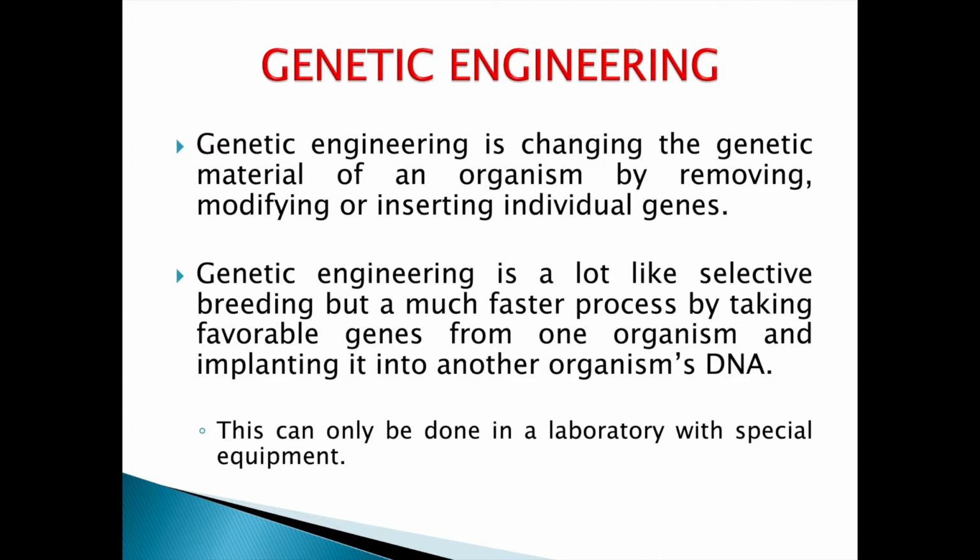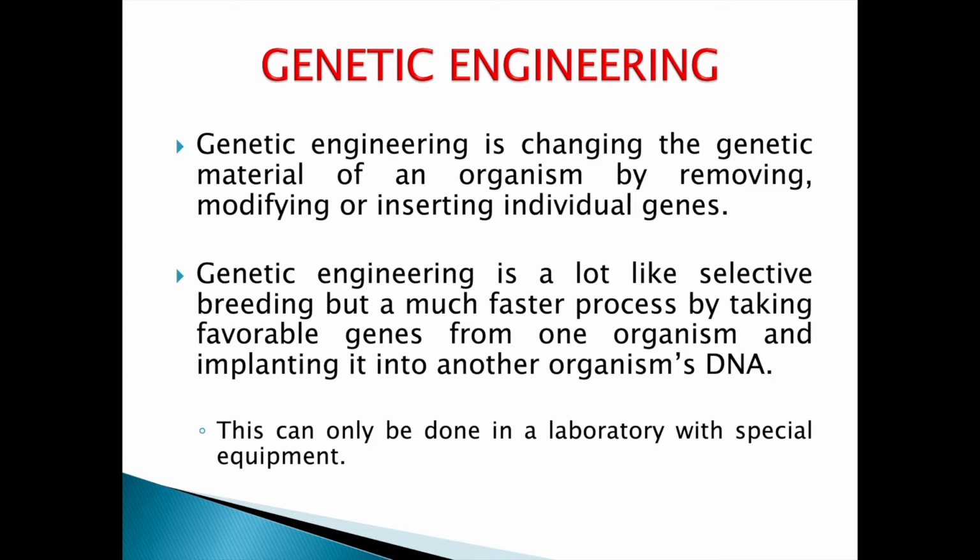So, from my first slide, you will notice that I presented four examples of this genetic engineering. Number one is the golden rice. The second is the insulin, which is laboratory prepared, coming from the bacteria. The third one is the GMOs, or the genetically modified organism, which is the salmon.